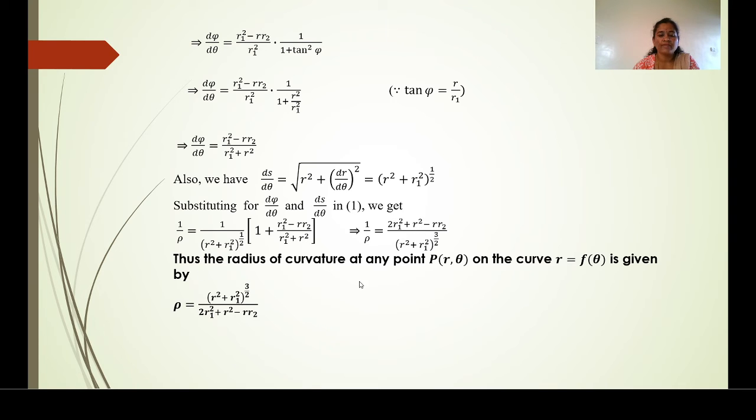Thus, the radius of curvature at any point P (r, θ) on the curve r is equal to f of θ is given by rho is equal to (r square plus r1 square) to the power of 3 by 2 divided by (r square plus 2 r1 square minus r r2).